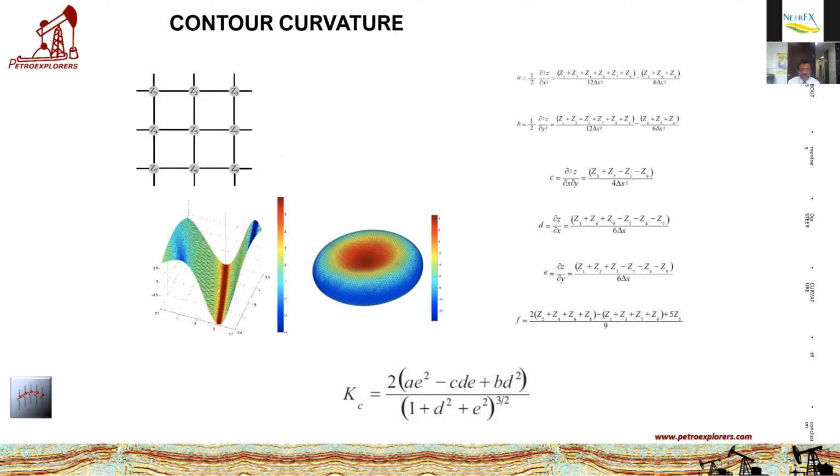It has the definition of curvature, but it really looks at the highest part of the anticline and the lowest part of the syncline. In this case the lowest part of the syncline is red versus the highest anticline is blue. So the contour curvature really gives you the turning of the contour.